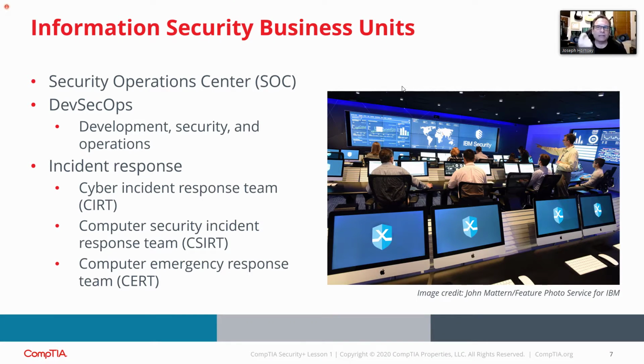We're all talking about the exact same thing, which is a group of people whose job it is to respond to security events that have occurred. This could be anything from a phishing email that somebody received to ransomware running rampant on the network. The incident response team is going to be responsible for going through the response procedures and ensuring that the threat is identified, that it is contained, that it's eradicated, and that recovery can occur. So that's what the incident response team does.